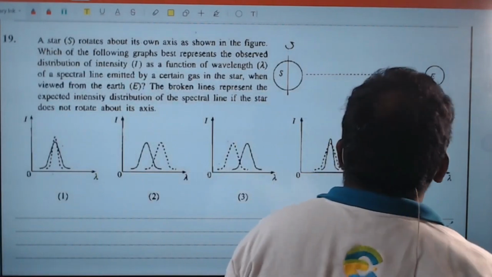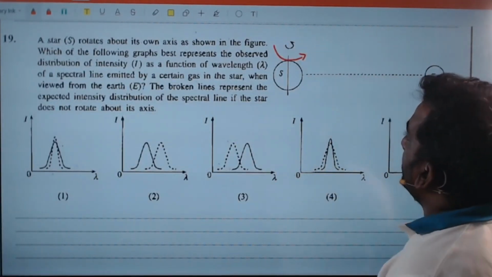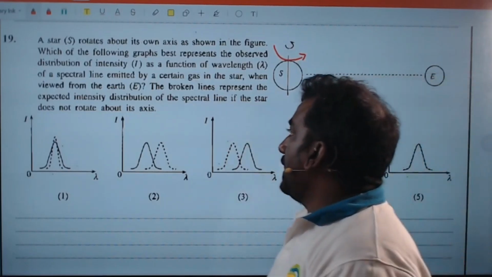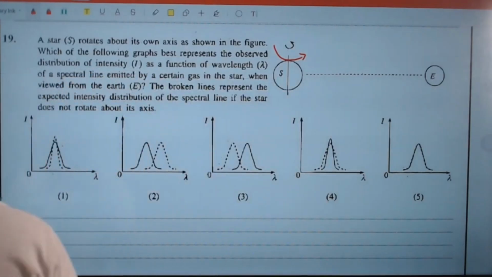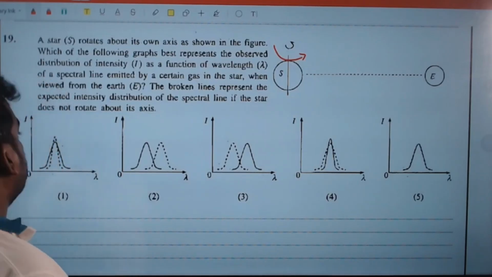So right. When this is rotating this way, light is coming more quickly, light is going away. Light is coming more quickly means frequency increases, wavelength reduces.